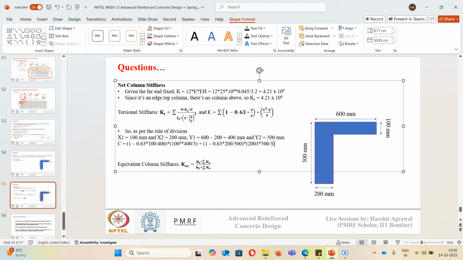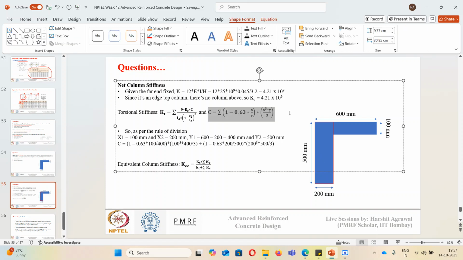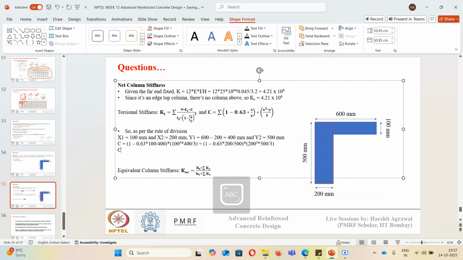In exams you may get a question like this, where the section is given and this formula is known to you, and you need to calculate the value of C, so you need to remember how to do the division. From this you will get C value equal to 1.11 into 10 to the power minus 3 meter to the power 4.